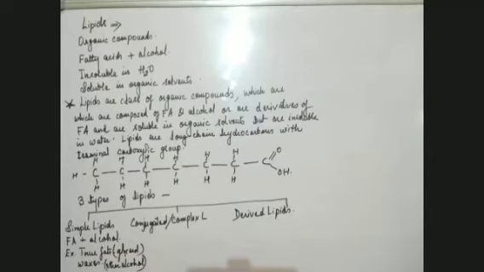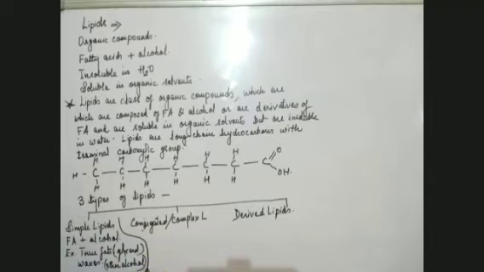So when fatty acid plus glycerol is present, they form true fats. When fatty acid plus other alcohols other than glycerol is present, we say that these are waxes. Now the second type, which is conjugated.